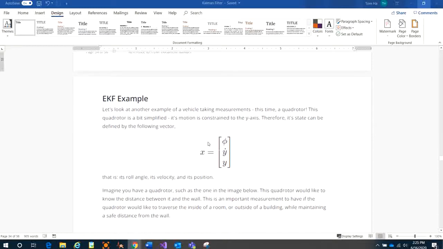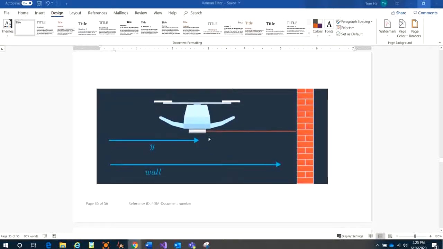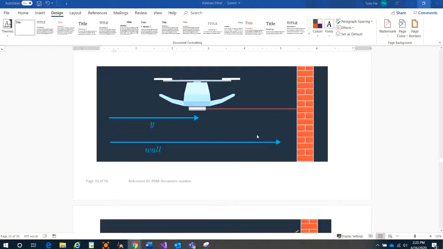And one example right here I want to show you because you have to clearly understand how we apply the extended Kalman filter for a problem, not only the vehicle problem, for example a drone problem. If you use a drone, how do we measure the distance from the drone to the wall, and how to know whether the drone is out of the building or not? So how do we get the distance from the drone to the wall?